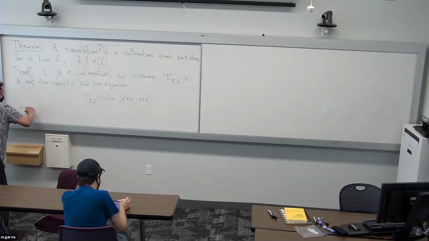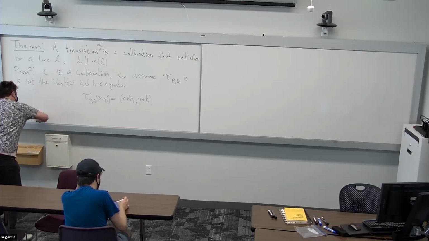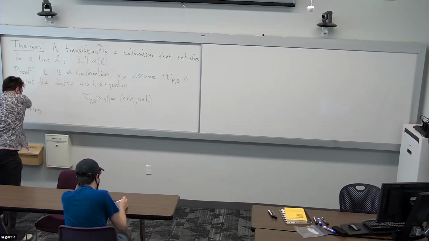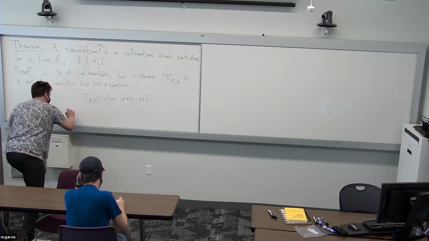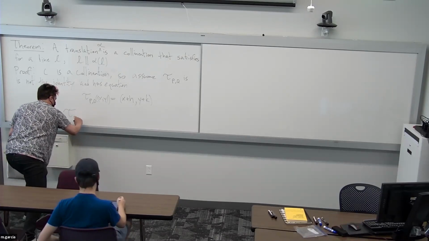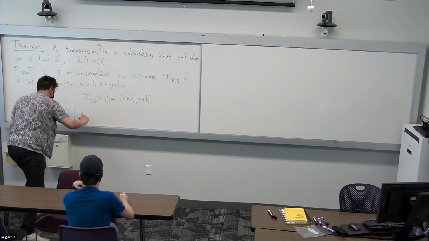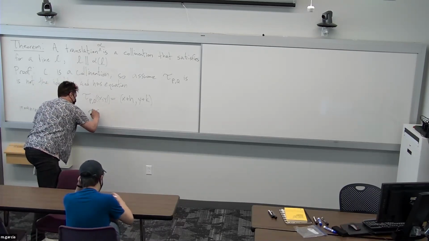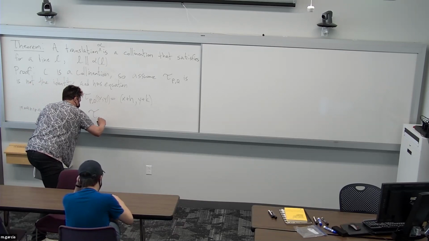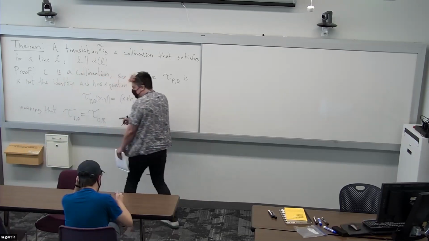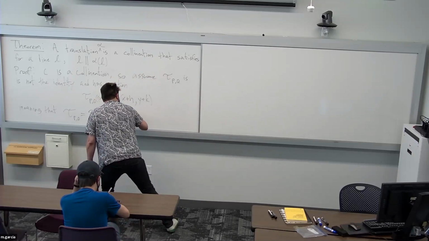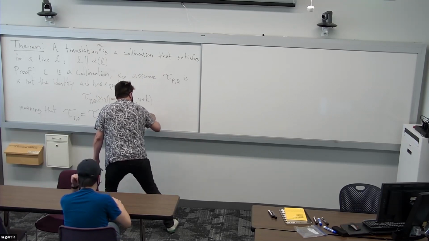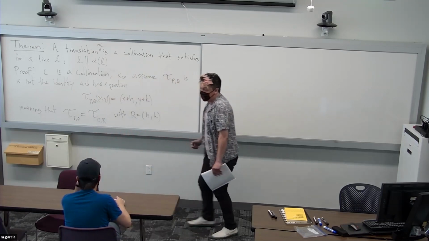Which of course means that another way to write this translation tau sub p comma q is to say that it's the translation between the origin and some other point R, with R having coordinates h comma k.